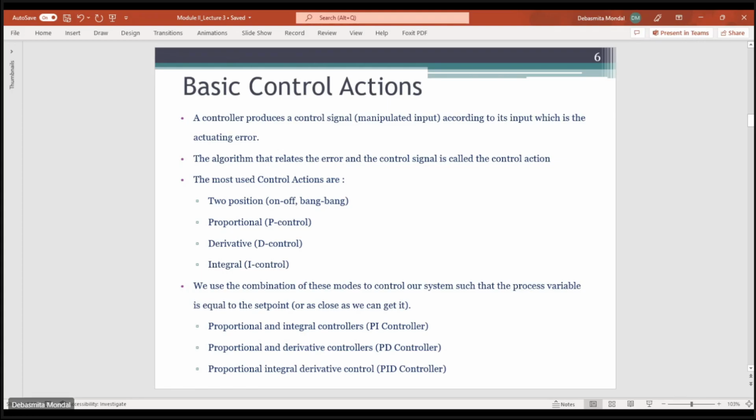In that case, we can have a different combination of these proportional, derivative and integral controls, according to our desired output. Accordingly, you can have proportional plus integral control, you can have proportional plus derivative control, and you can combine all three of them together and come up with a PID controller also.